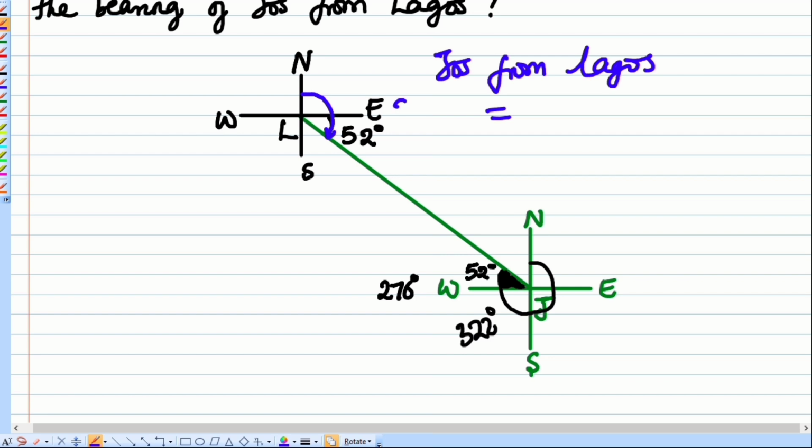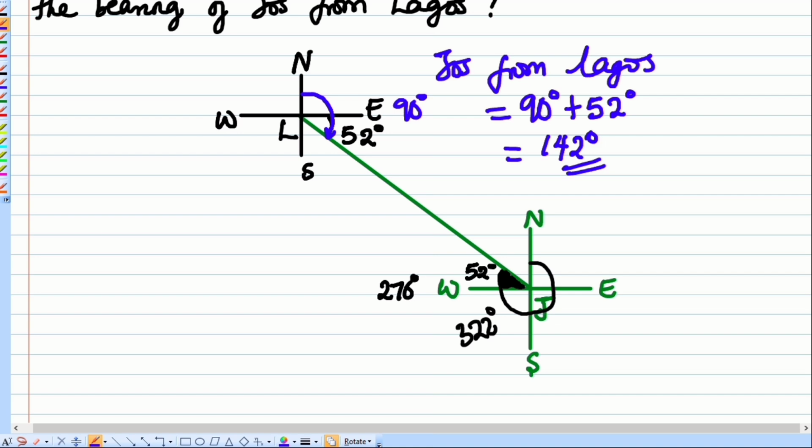So from north to east is 90 degrees, don't forget that. So we have 90 degrees plus, you see that angle there, that's 52 degrees until we get to the line that takes us back to Jos. So let's add 90 plus 52 is 142 degrees, and that will be the bearing of Jos from Lagos.